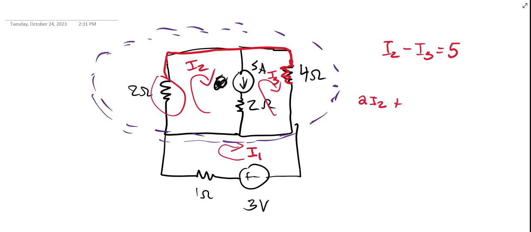And that would be plus 4I3 equals 0, because that gets this whole loop. And then my last equation, I go to my other loop. I'm coming into the minus side of this 3-volt voltage source, so that's minus 3 plus I1 equals 0, plus 1 I1.